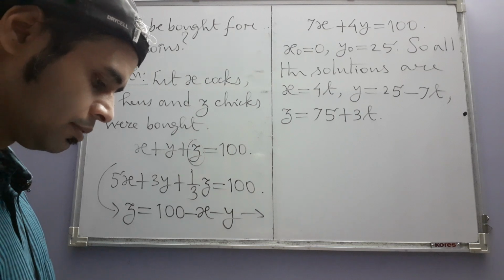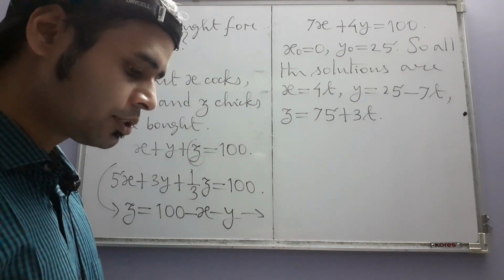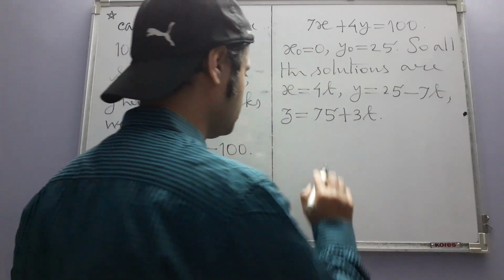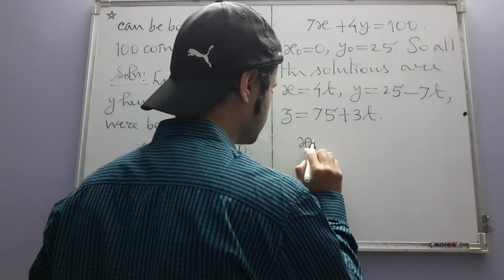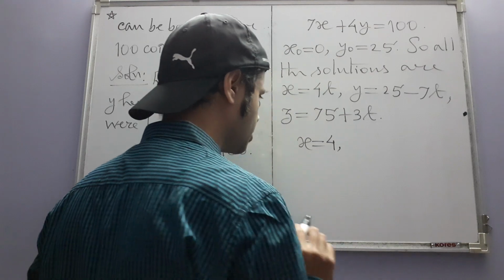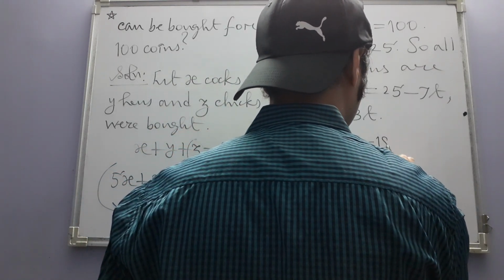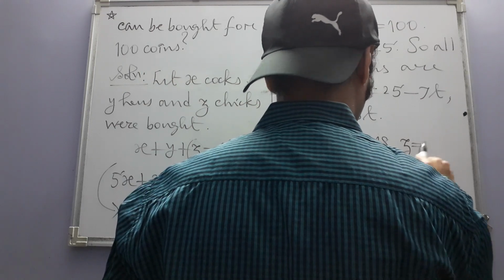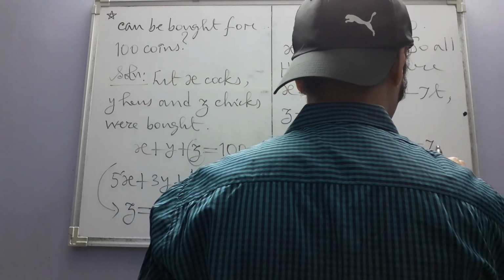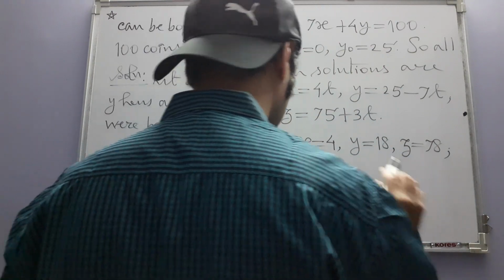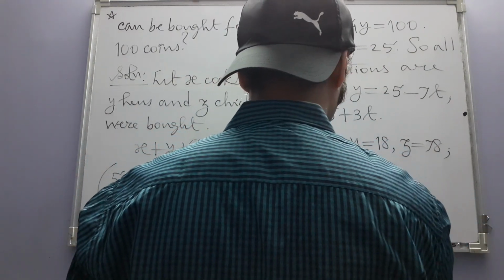Now the author Chang himself gave 3 answers which look like this: x equal to 4, y equal to 18, and z equal to 78. They constitute one solution.